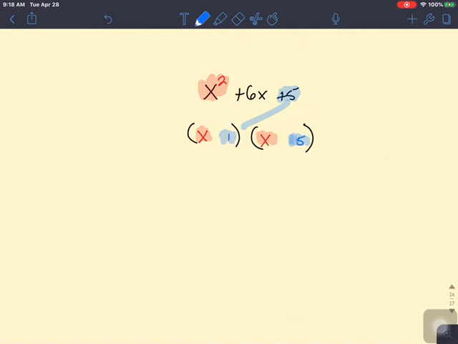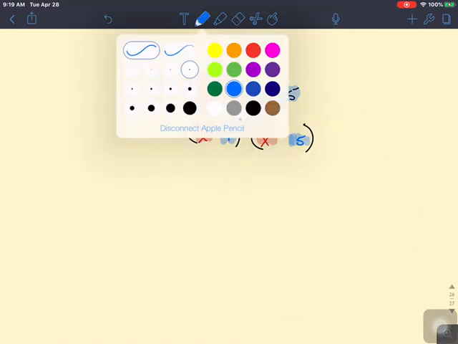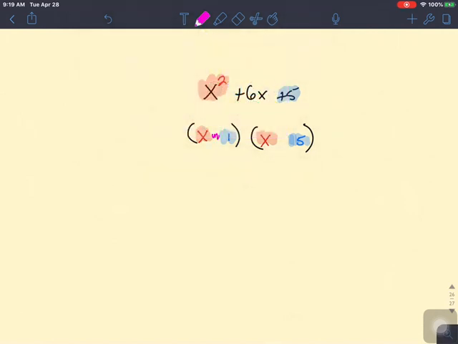And then there's one last clue, right? The last clue is this, okay? What operation is going to occur here and here? And if you look, we have a plus and a plus.